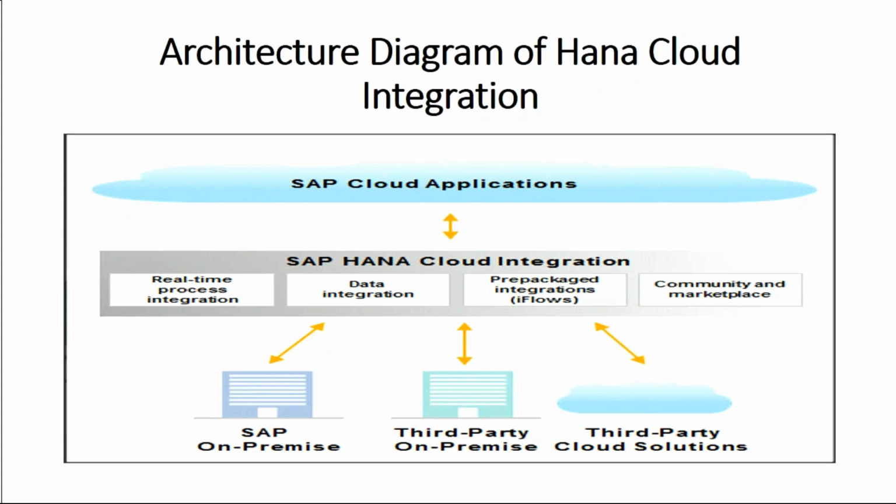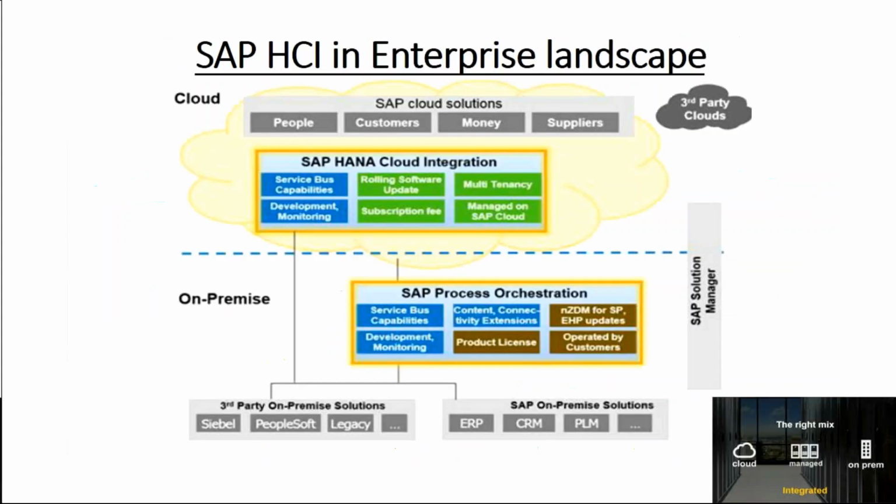Then you have, this HCI can connect to SAP on-premises, SAP ECC, SAP CRM, SRM. So it can connect to SAP on-premises. So it can connect to third-party on-premises, let's say Siebel. In the next slide, I think it's more understandable.